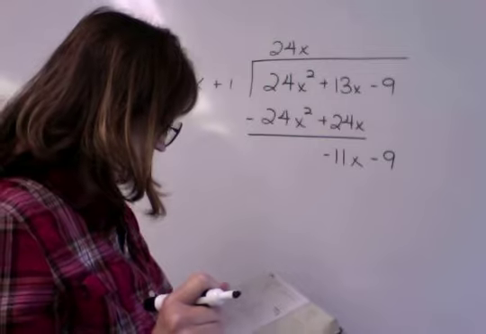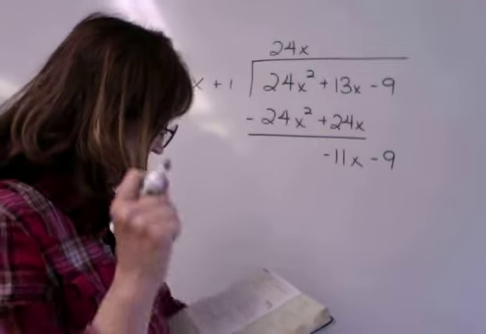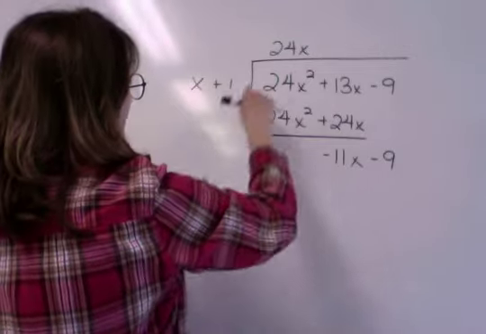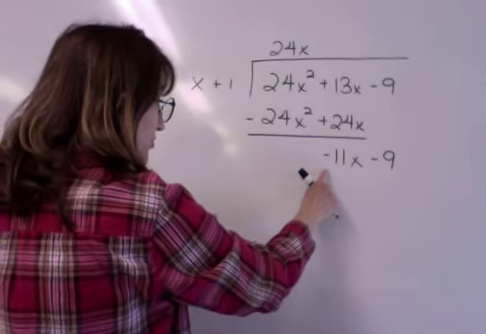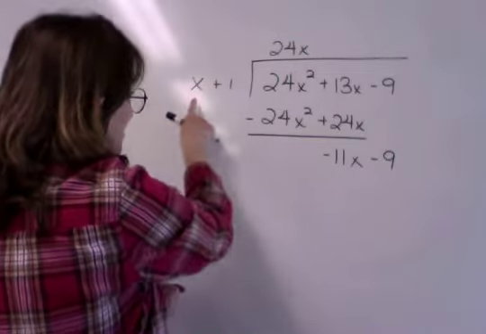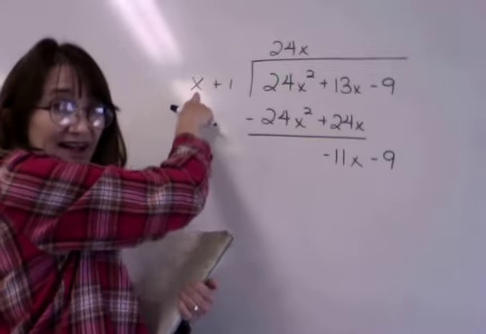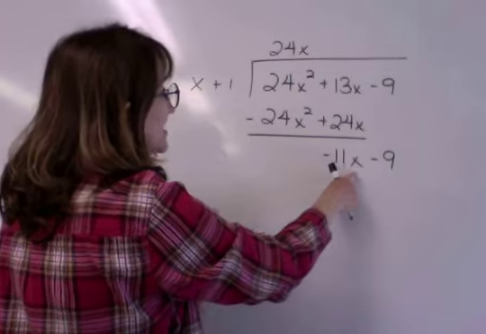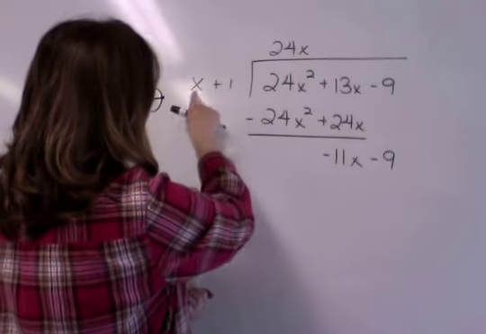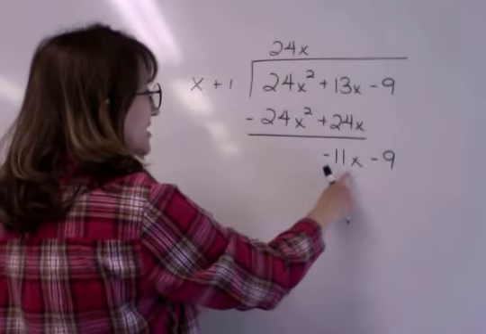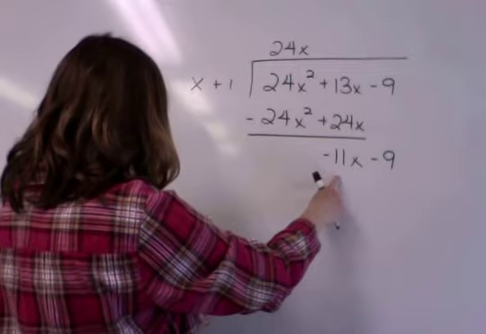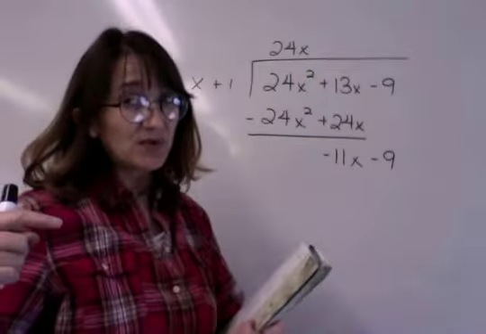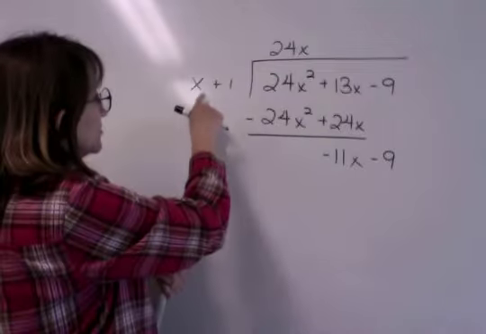So let's look at this one. What would I multiply? Right now we're concentrating right here. Look at this x. What would I multiply to that x in order to get a negative 11x? What you want to say here is I'm not going to put an x with that one, because if I did, I'd end up with an x squared.